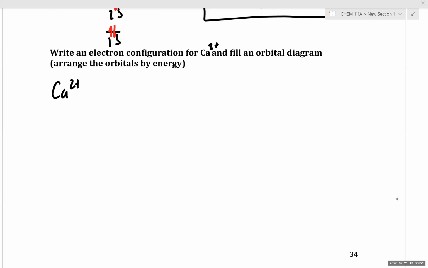And the responses I'm seeing in the chat look great so far. We'll discuss this example in about another minute and a half.